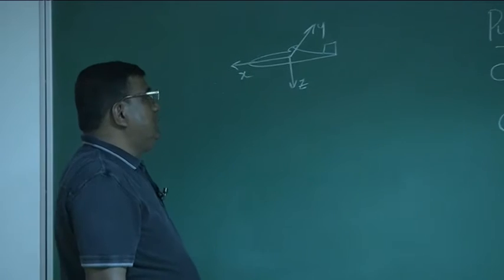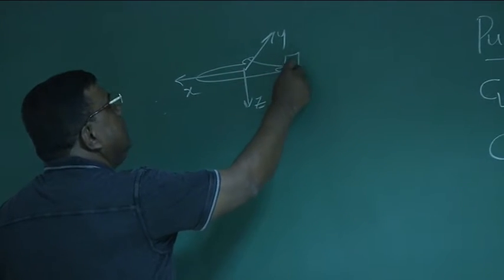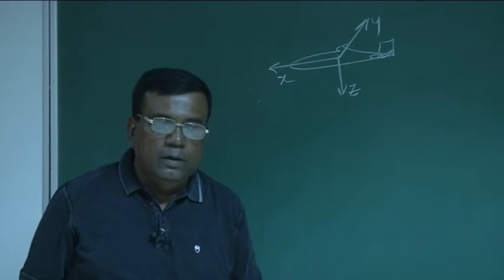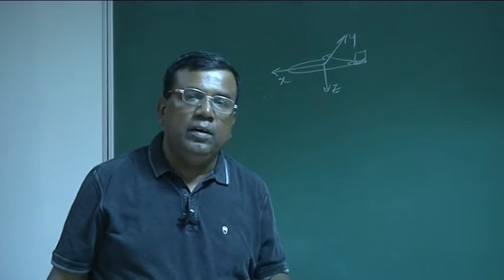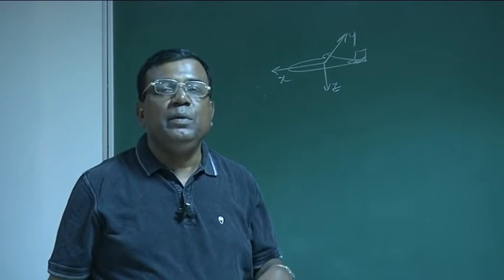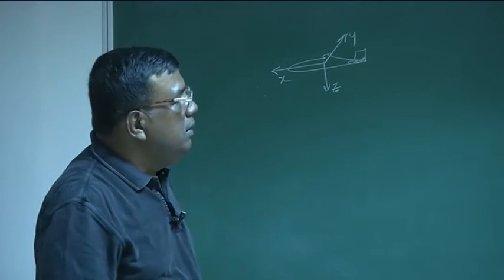But in actual practice, for an airplane, if I give some deflection of the elevator, not only will theta change, it will also generate a situation where, because of alpha change and alpha dot change, it will have motion in the vertical z direction. That is being neglected in pure pitch. Only angular motion is taken into account.